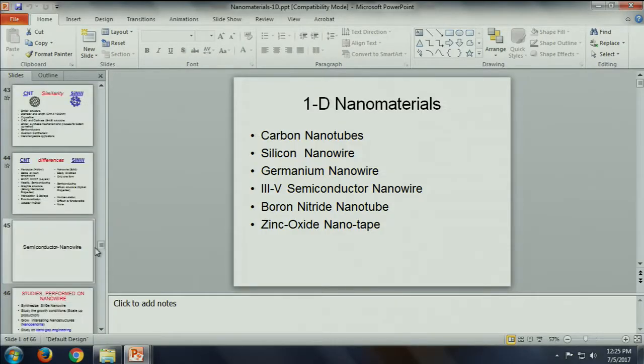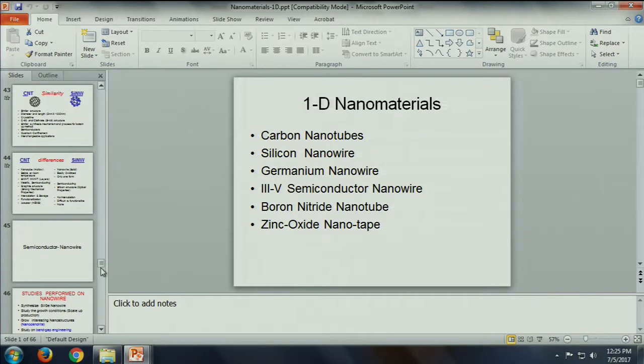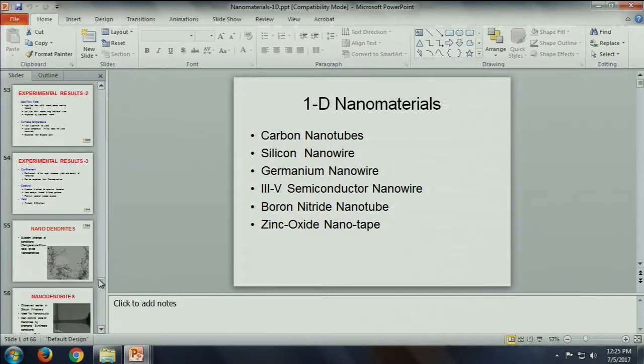I had something with the boron nitride and zinc oxide, those things are, okay. So, what is the time right now? It is 12:30. So, we can try to do our next.